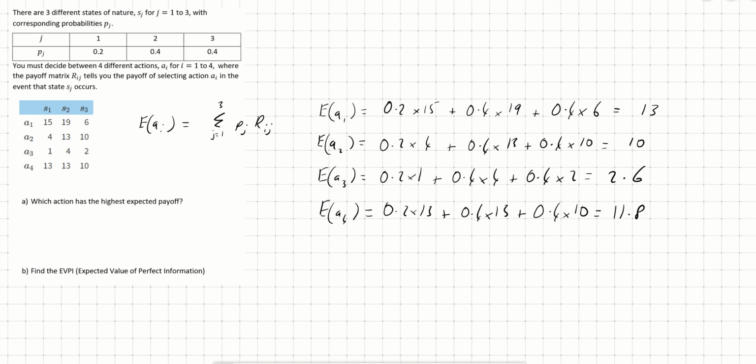Okay, so the question part A, which action has the highest expected payoff? Well, the first one has a payoff of 13, so A1, with expected payoff equal to 13. So that was the highest of those expected payoffs. And now this maximum expected payoff is called the EMV, the expected monetary value.